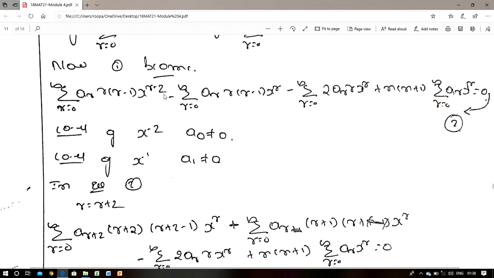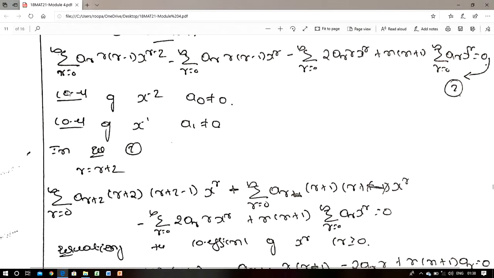Simplifying, we get summation r is equal to 0 to infinity a_(r plus 2) (r plus 2)(r plus 2 minus 1) x to the power of r plus 2 minus 2, that is x to the power of r, minus summation r is equal to 0 to infinity a_r r(r minus 1) x to the power of r, minus summation r is equal to 0 to infinity 2 a_r r x to the power of r, plus n(n plus 1) summation r is equal to 0 to infinity a_r x to the power of r.